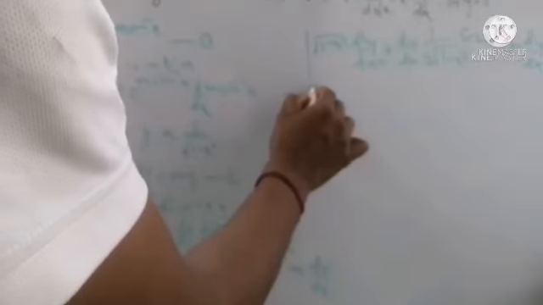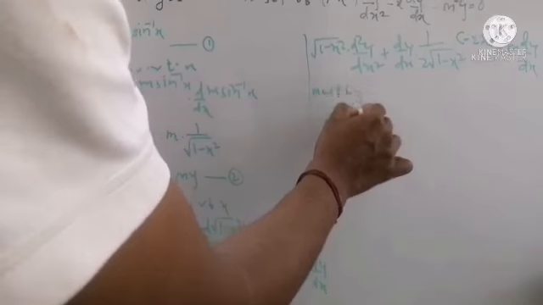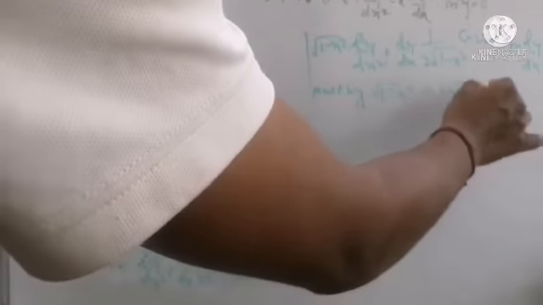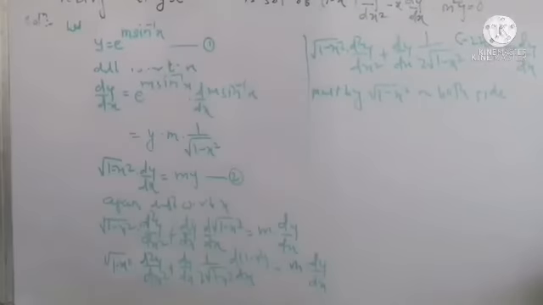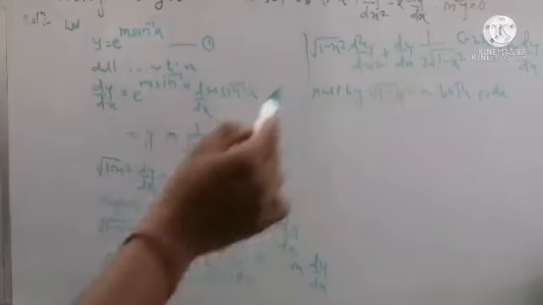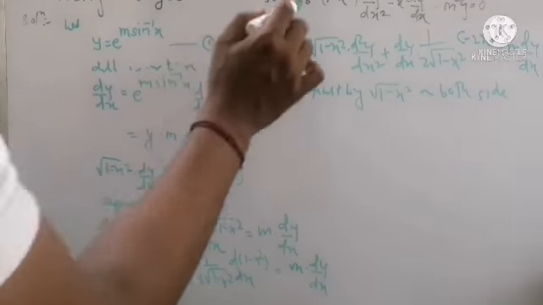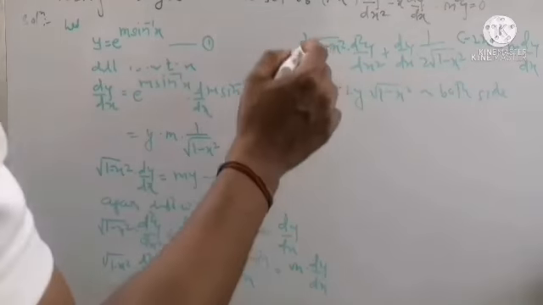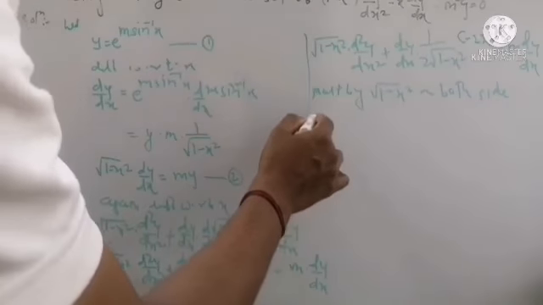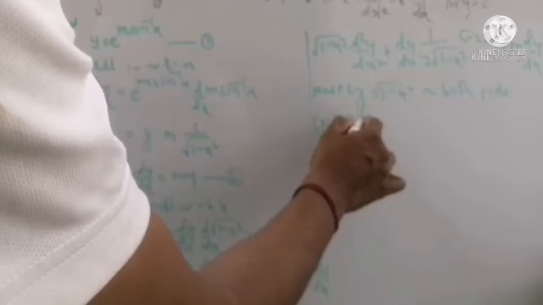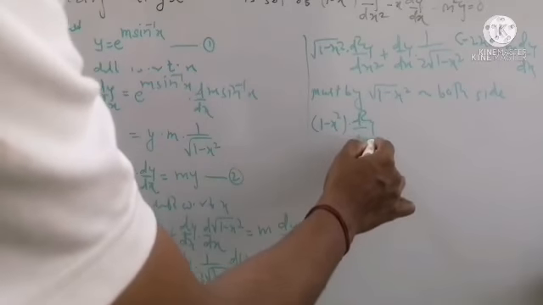Now we can simplify here by multiplying root of 1 minus x square on both sides. On the left hand side there is addition, so in the first term, as it contains root of 1 minus x square multiplied again by root of 1 minus x square, the roots combine and we get 1 minus x square into d square y by dx square.